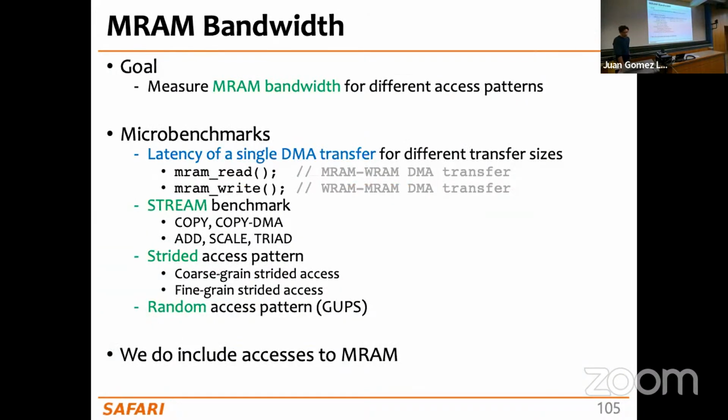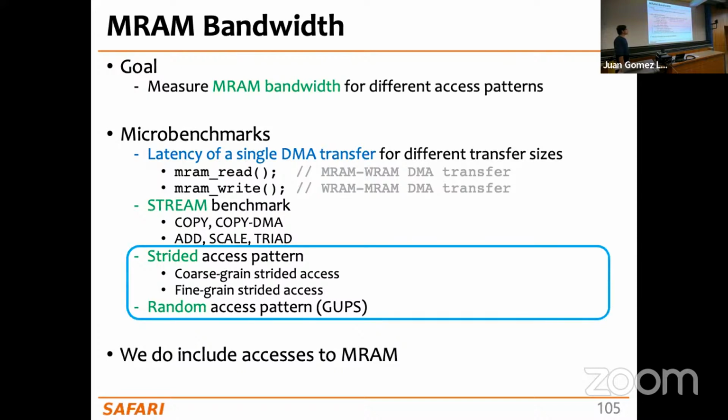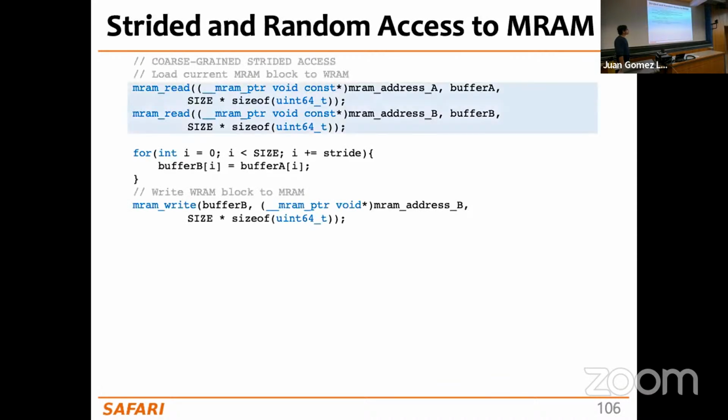Okay, we have many more results here in these slides. The next ones are about the strided and random access patterns. I'm not going to explain this in detail at this point because we only have 5 minutes left.